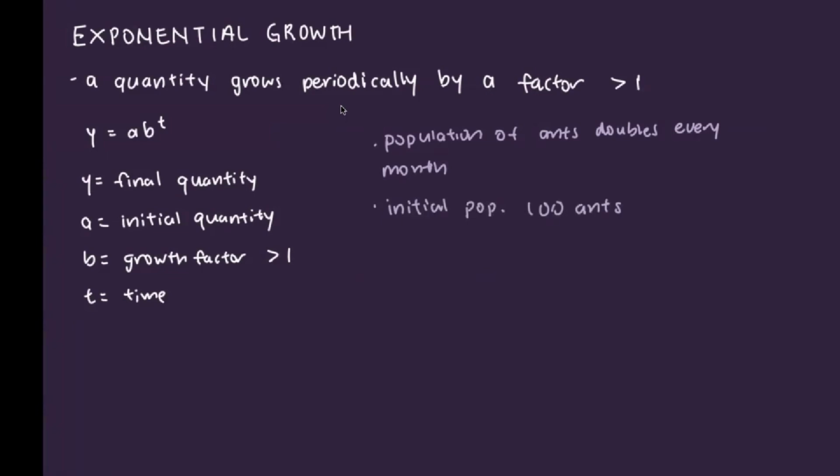So our model equation would be y equal to our initial population times, since it doubles, that's 2 times, to the t, where t is equal to number of months.